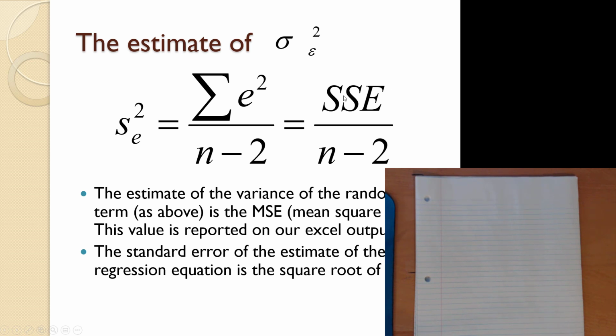So we have SSE in this case, which is the sum of squared errors, divide by n minus 2, and we get an estimate for the standard error of the estimate squared, which is sometimes called the mean squared error. What's the average squared error? That's all this is.